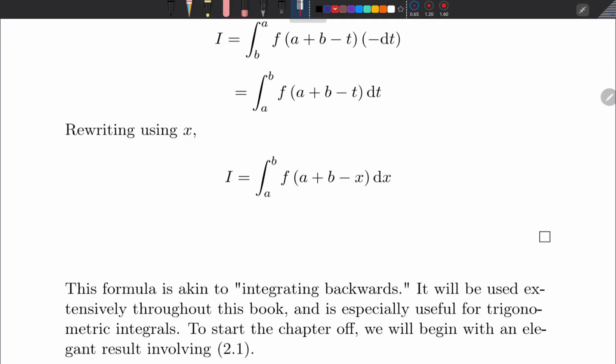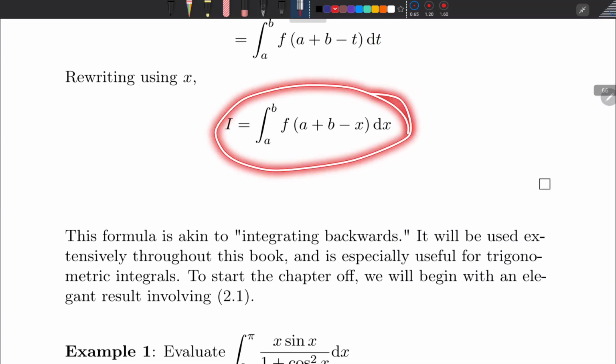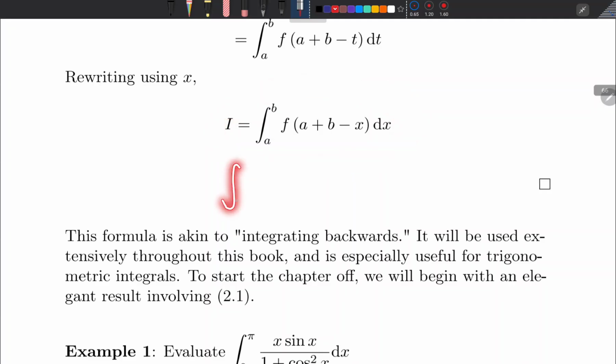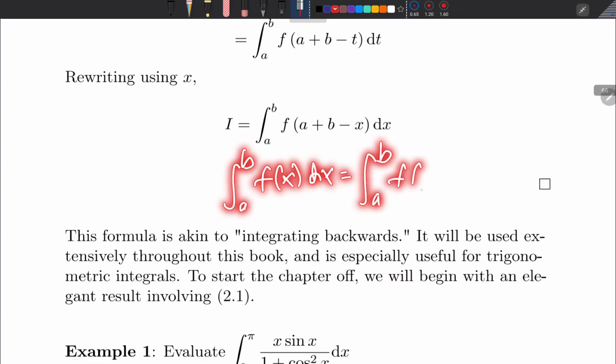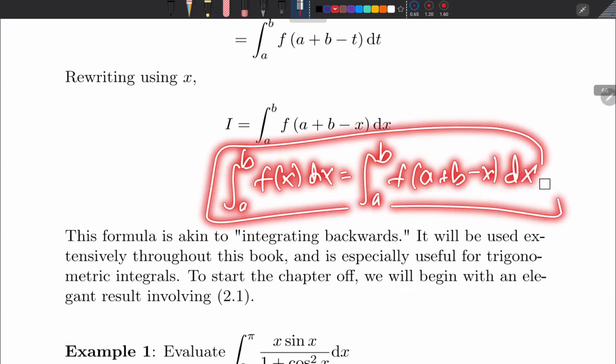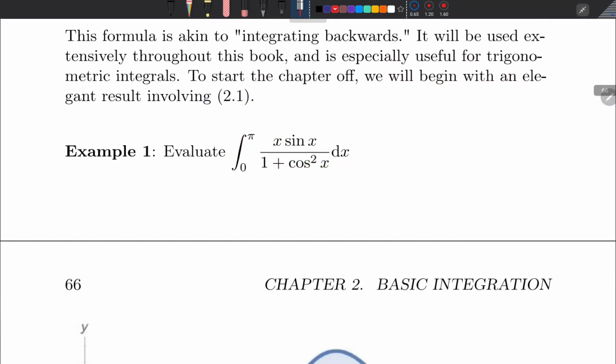This is a definite integral, so you can just replace this t with x, it doesn't matter. Therefore your integral from a to b of f of x dx equals the integral from a to b of f of a plus b minus x dx. That's kind of amazing, right?